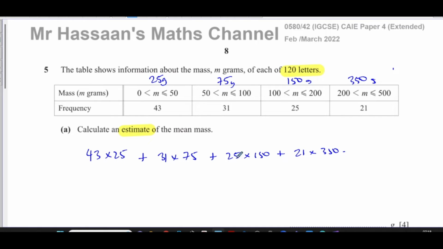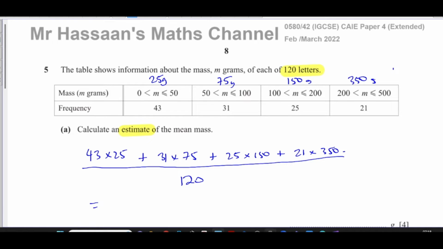So that's an estimate of the total mass of all the letters altogether. And if we divide all of that by the total number of letters, which we know is 120, that's going to give us our mean.